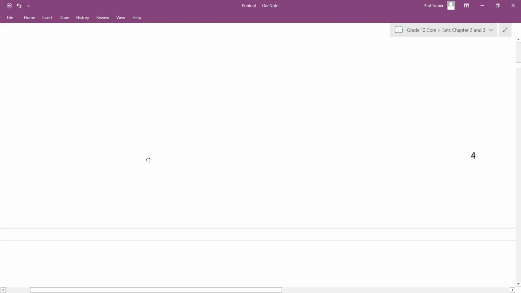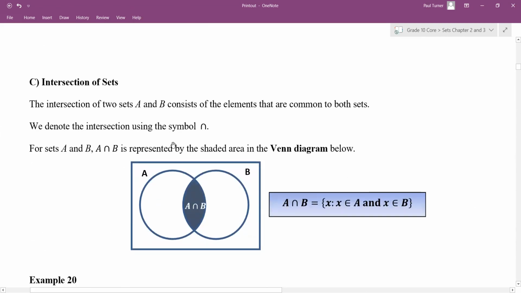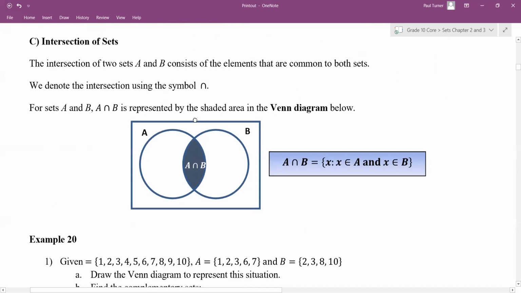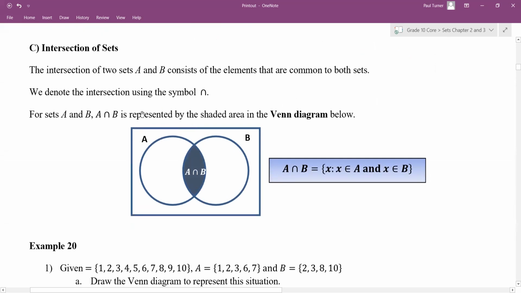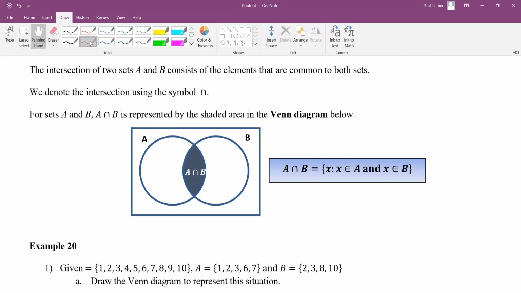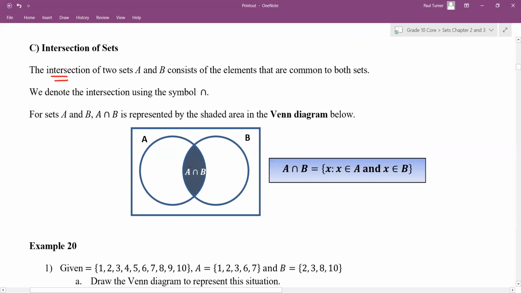All right, part C. We can start this today and do a bit more tomorrow. Now, intersection should make sense because it's where sets are going to touch. That's this part here. So any element that is written in here is in the intersection. The symbol we use is an upside down U. A intersect B: where does A touch B?